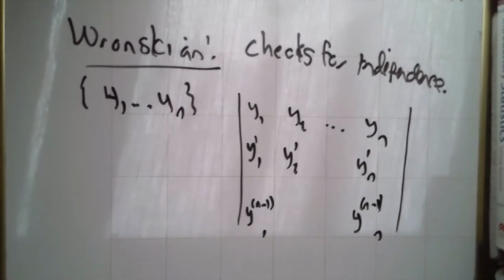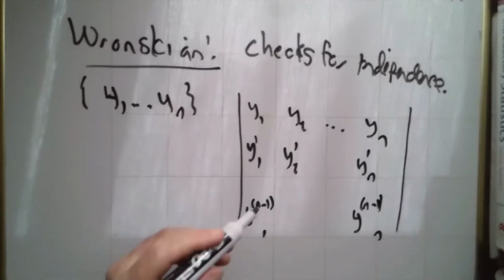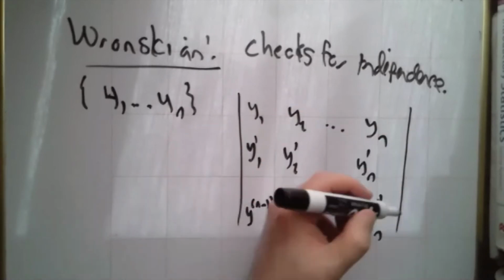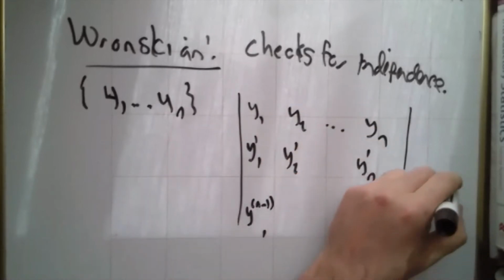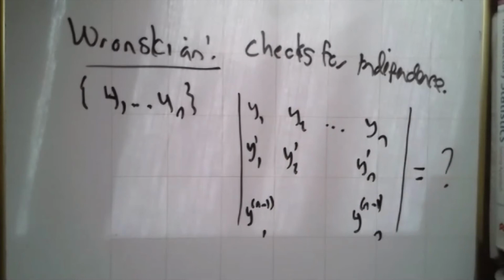Then this is a matrix that we're taking the determinant of. So you're going to have to brush up on taking determinants of matrices. Once we get this determinant, this will equal some function. If that function is not identically 0, we have a linearly independent set.